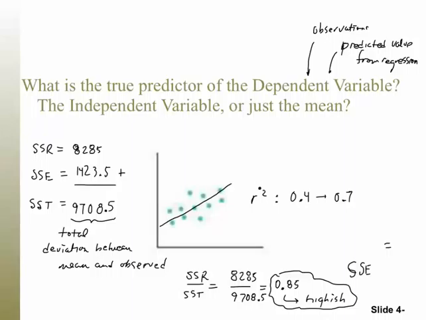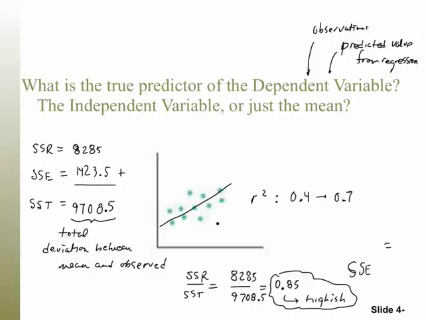So this might be a 0.5. It's like there's an equal amount of deviation due to the regression and error. They're equal.